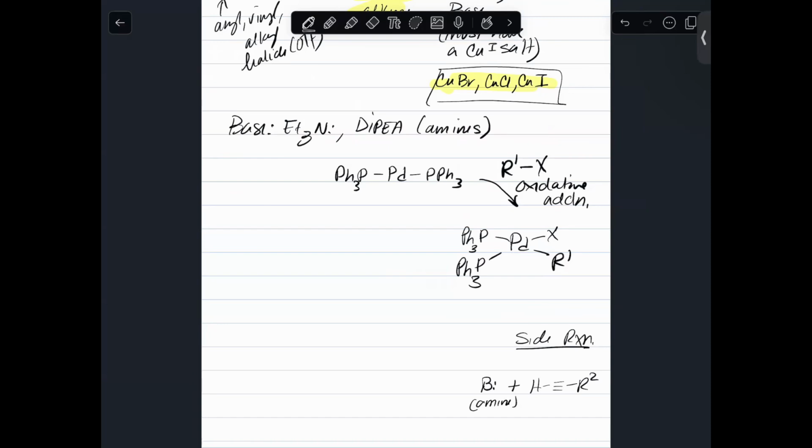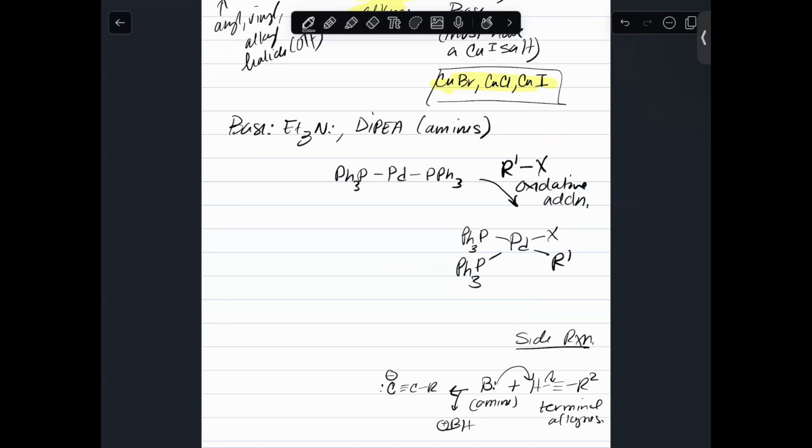Now, you learned in first semester organic chemistry that alkynes, specifically terminal alkynes, and only terminal alkynes, because internal alkynes don't have hydrogens on them, right? Terminal alkynes are acidic, and they're acidic because you're forming a negative charge on a carbon sp, right?